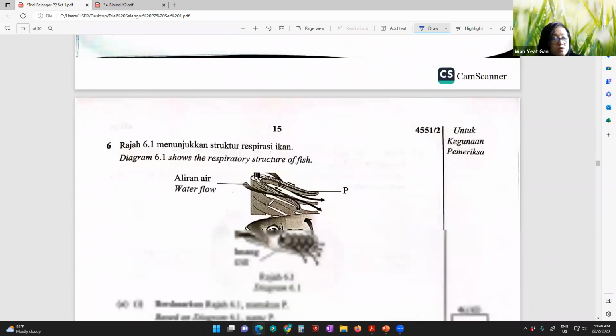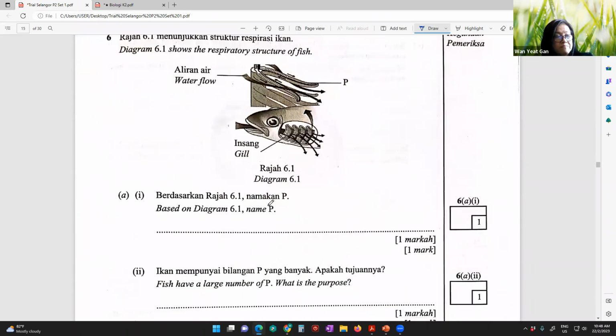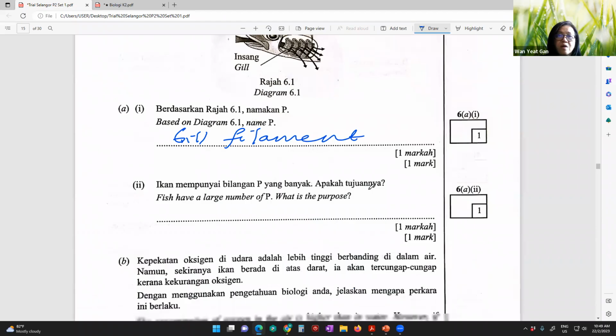Okay, now we go to question number 6. Now, question number 6 is on chapter 8 of Form 4. Diagram show the respiratory structure of a fish based on diagram 6.1, name P. So P is the gill filament. Fish have a large number of P. What is the purpose?